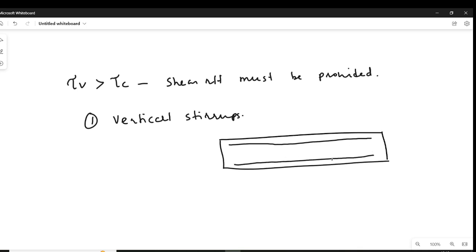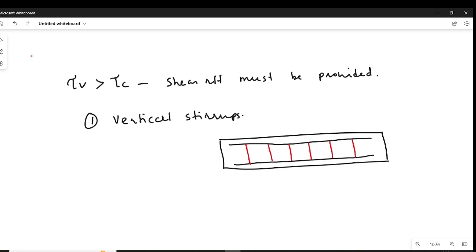We get bars at the top and bars at the bottom when we design the beam for flexure. Here we are simply providing vertical stirrups like this, and these vertical stirrups will resist the shear. This is one way, and this is the common way of providing the shear reinforcement.